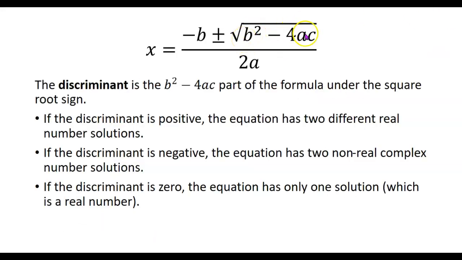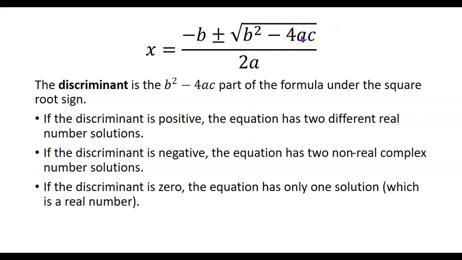So the part of the formula that's underneath the radical sign is called the discriminant. And it's important because it lets us know what kinds of solutions we can have, what kind of a situation we can be dealing with. If it comes out to be a positive number, that's when your equation has two different real number solutions.